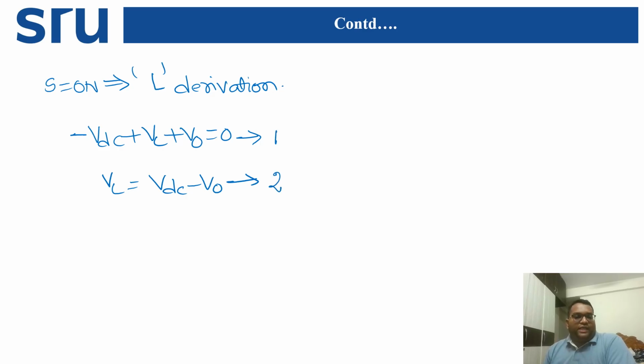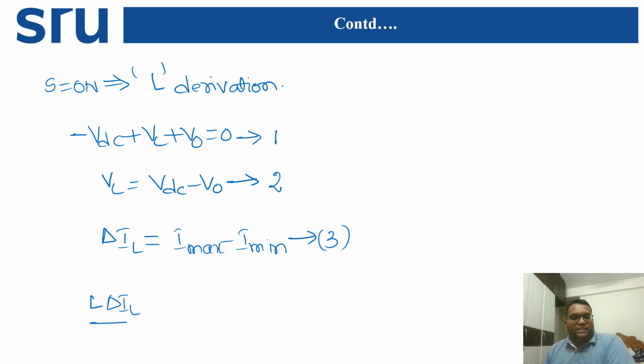Now, as we know from the waveforms we discussed in the previous class, delta IL is nothing but I maxima minus I minima. Let us take it as equation number 3. Now, for the switch on condition, the formula is L into delta IL divided by T on equals VDC minus V naught.